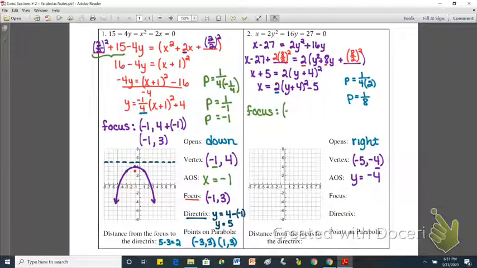So it is going to be -5 plus 1/8, comma, -4. Well, I'm just going to put that in my calculator, and I get -4.875, comma, -4.